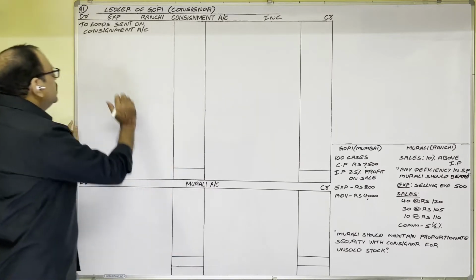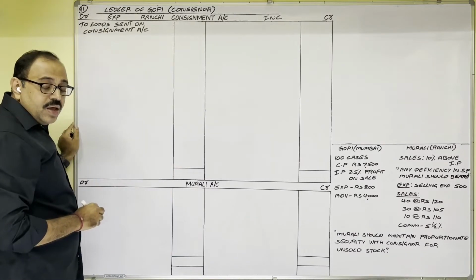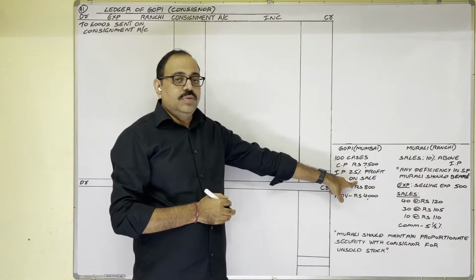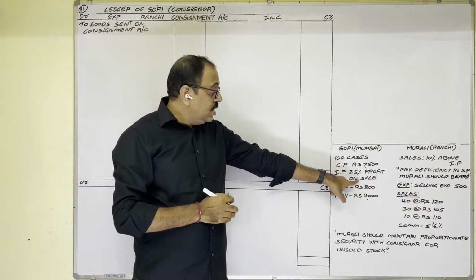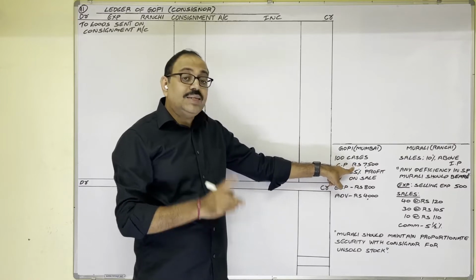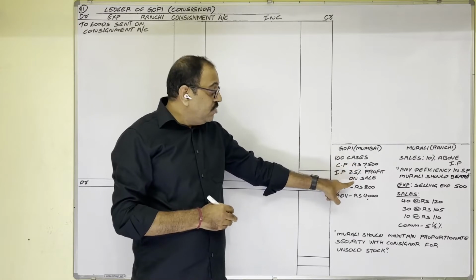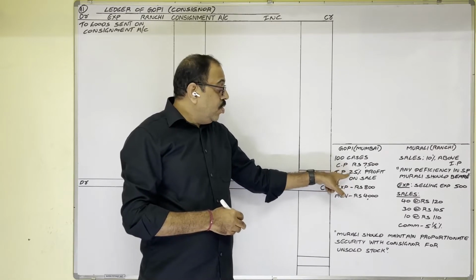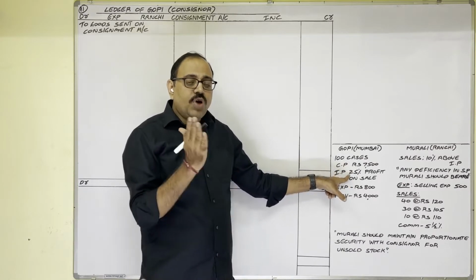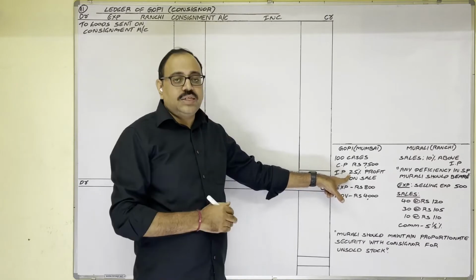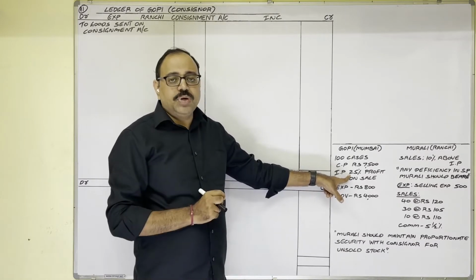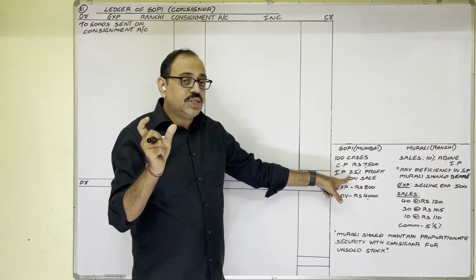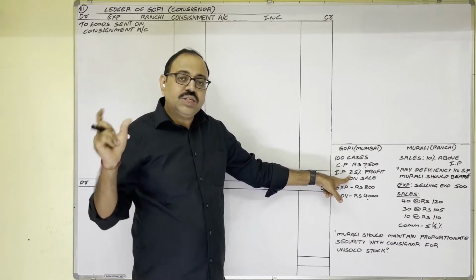Cost price is 7,500 and invoice price is 25% on sale. Then how to do this? You have to assume cost price as 75% and invoice price as 100%. So loading is 25%, invoice price is 25% extra. If invoice price is 100%, then cost price will be 100% minus that extra 25%, equal to 75%.